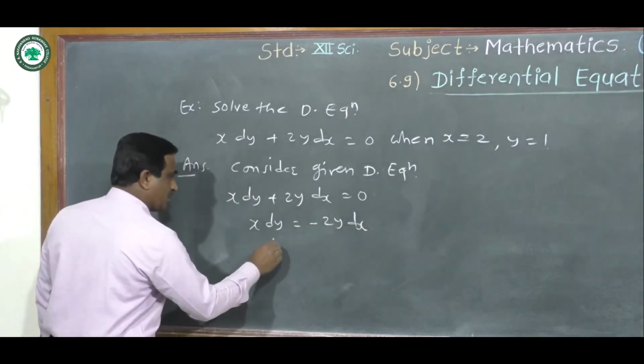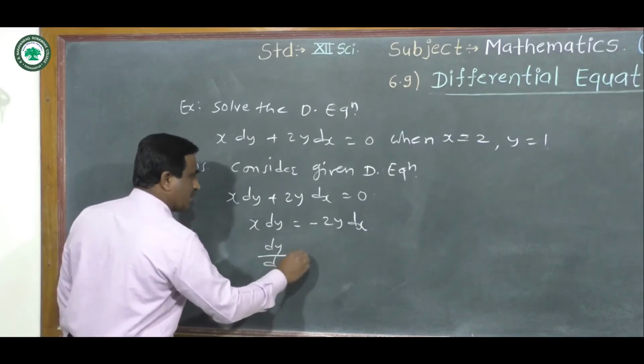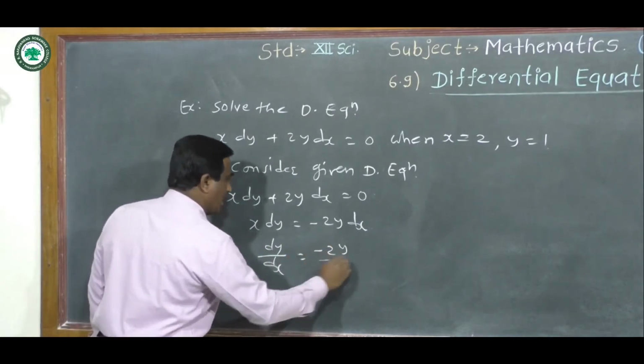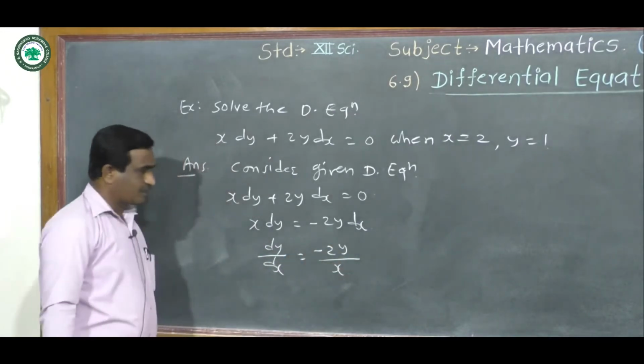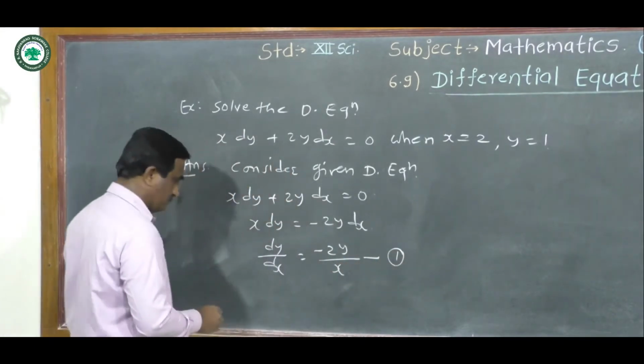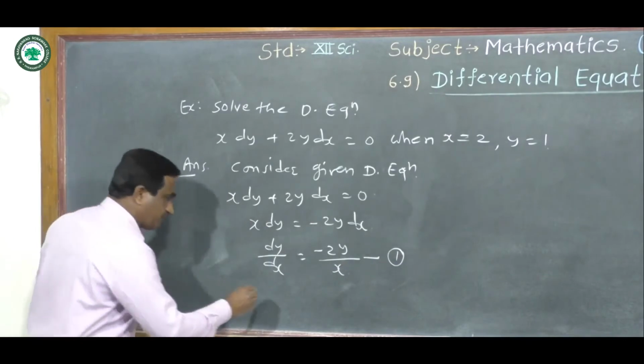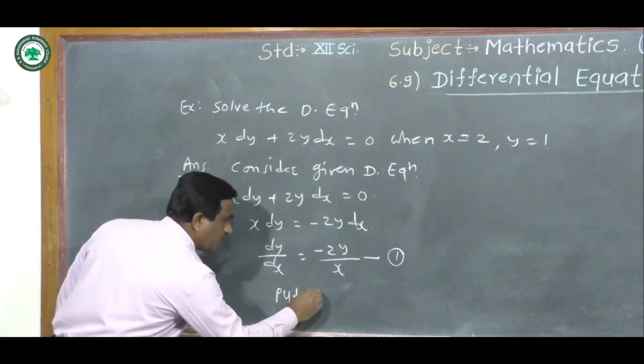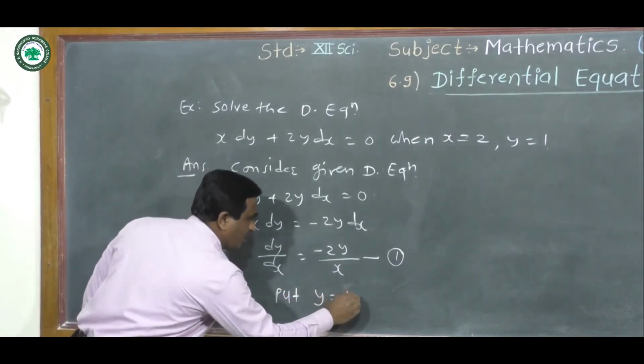That is dy by dx is equal to minus 2y upon x. Okay, say this as equation number first. Now we use substitution. Put y is equal to v into x.